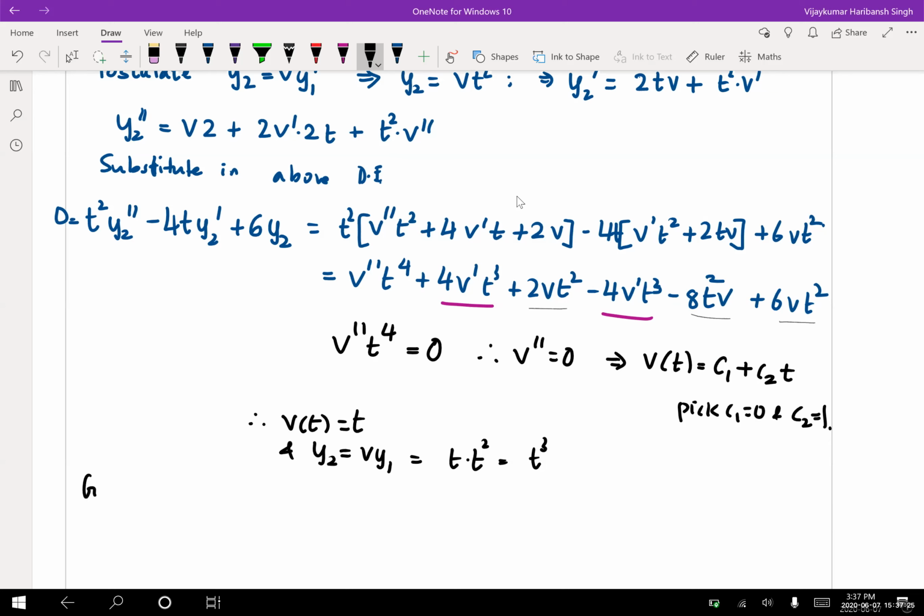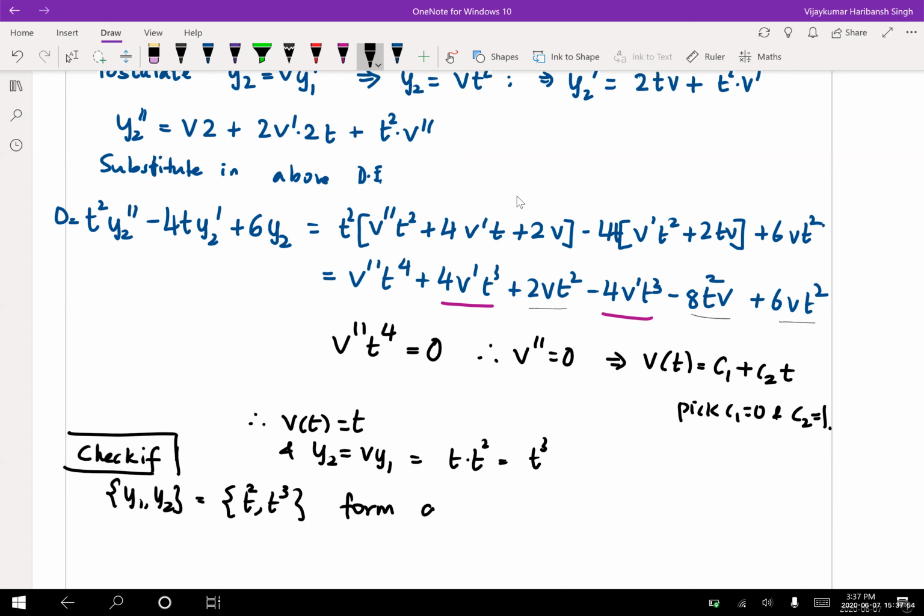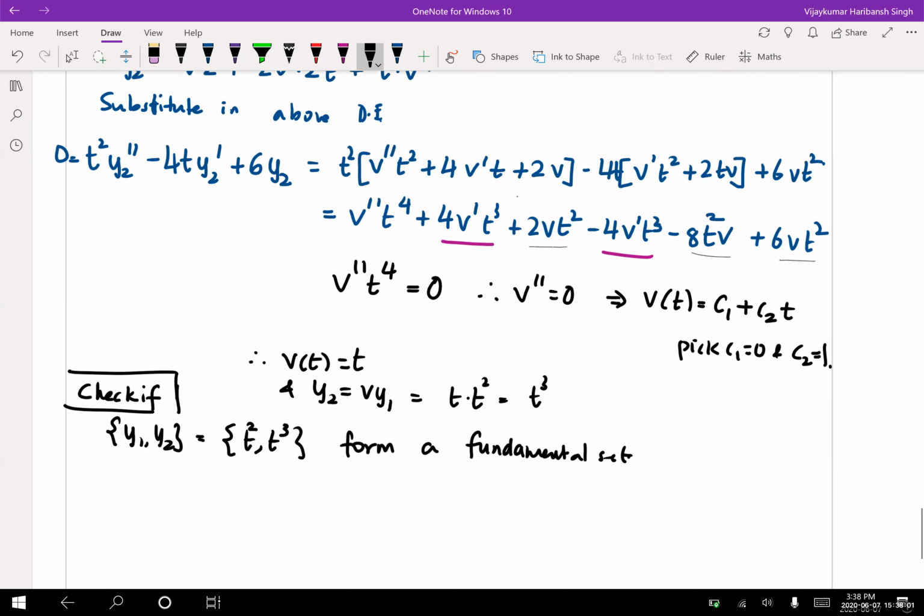So we got y1, y2 equals t squared, t cubed. Now check if they form a fundamental set. How are we going to do that? We compute the Wronskian.